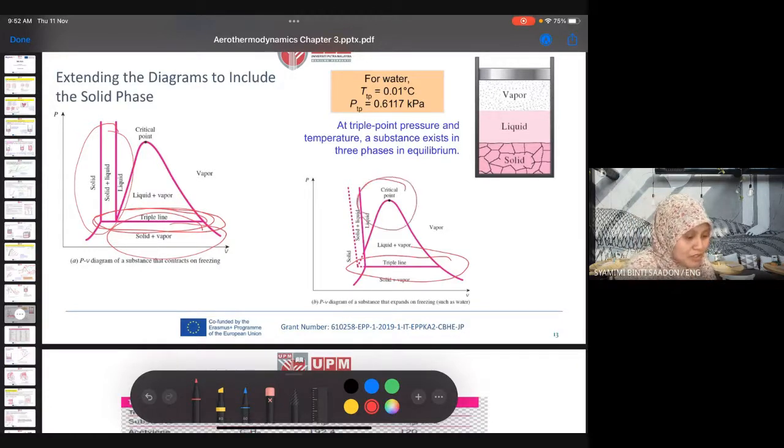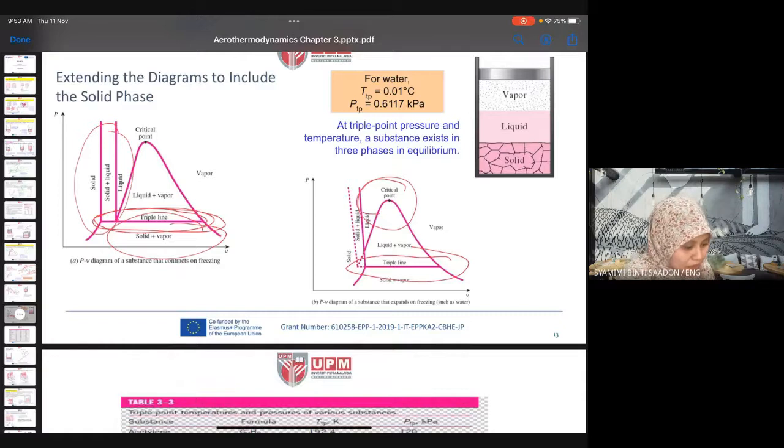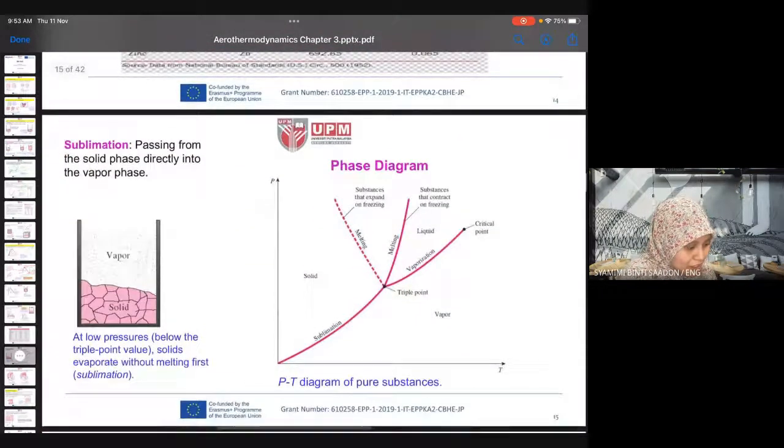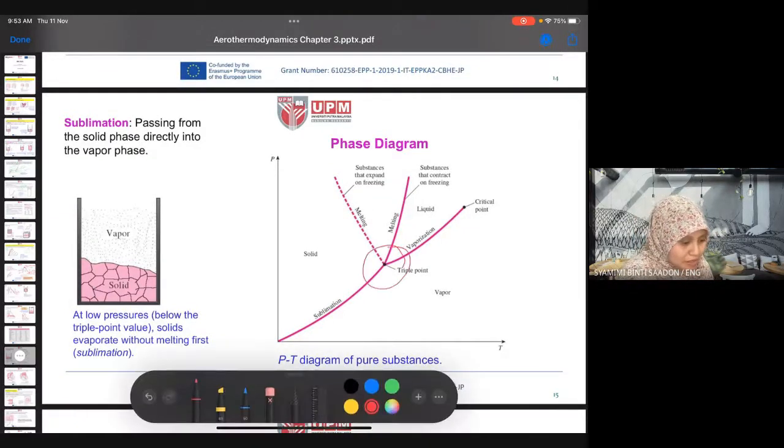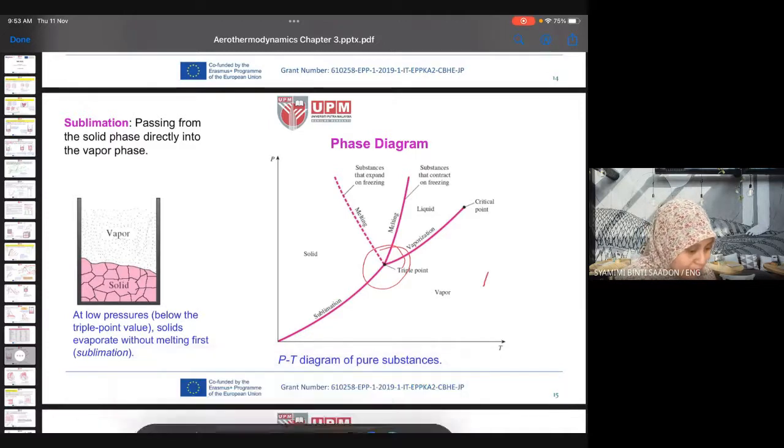We only focus on this critical point, liquid and vapor. Sublimation is for solid and vapor. The process of change from solid to vapor, where the solid evaporates without melting first, is what we call sublimation.